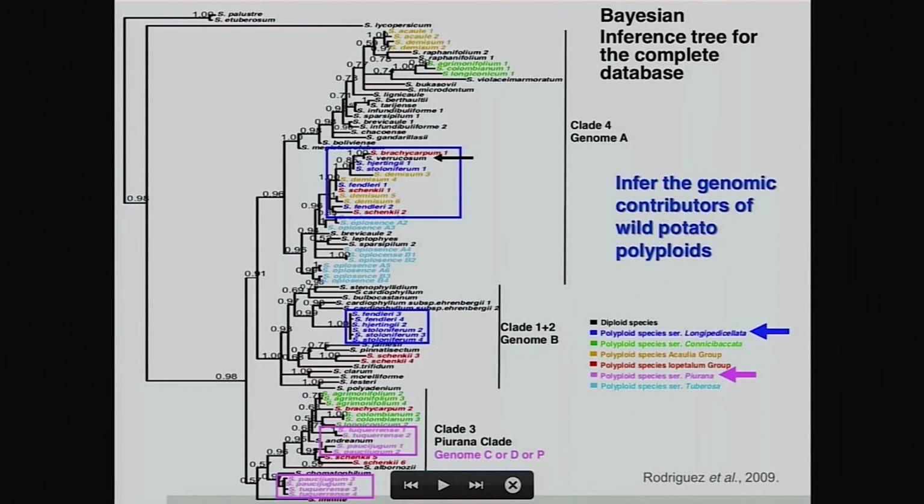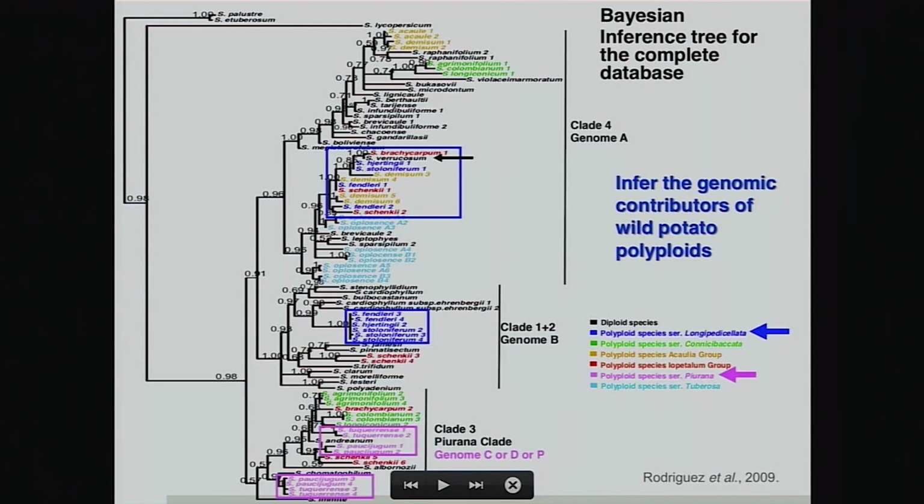You can see here series Piurana, for example, in pink, Solanum tuquerrense and paucijugum, two species from this series. Here there is allele 1 from tuquerrense, here the other alleles, tuquerrense 1 and 2, paucijugum. All of them are clustered together in one clade.